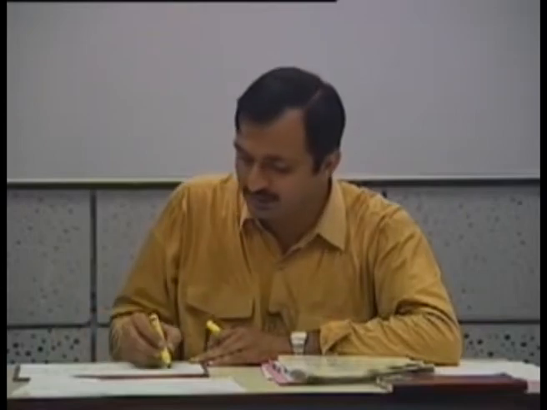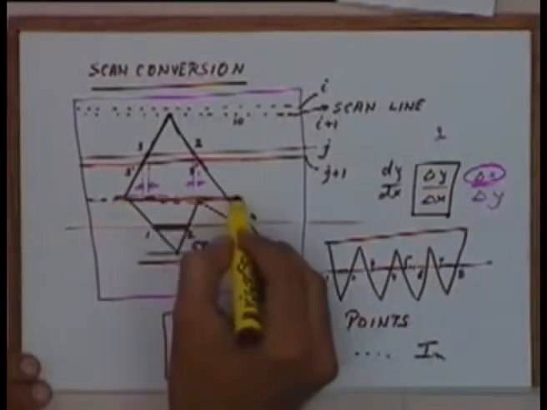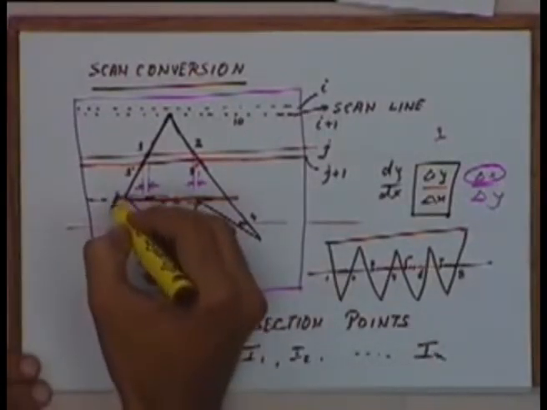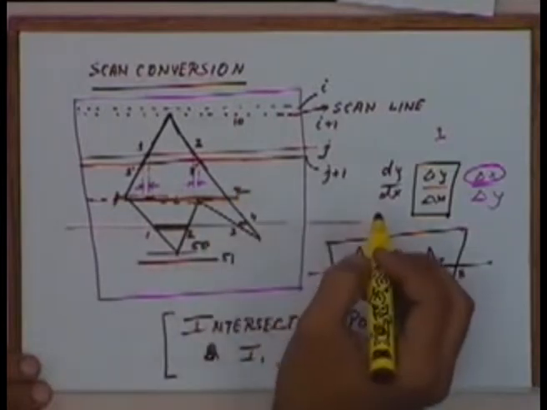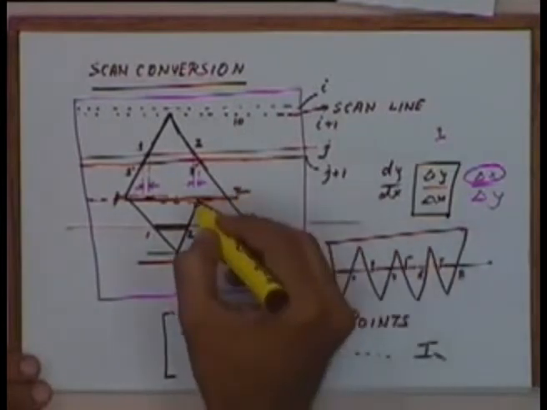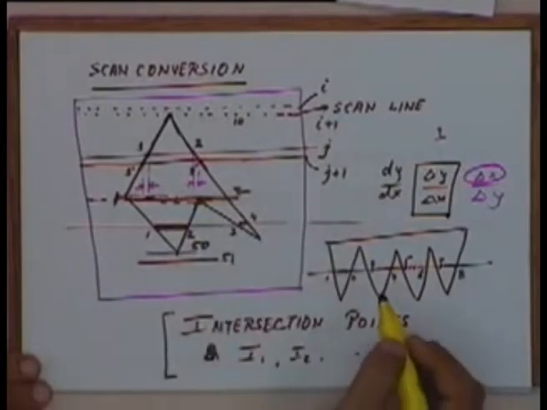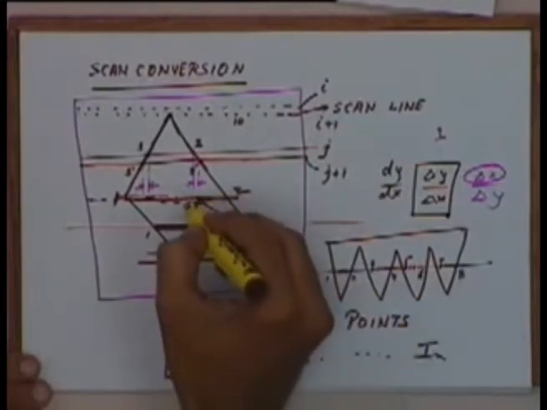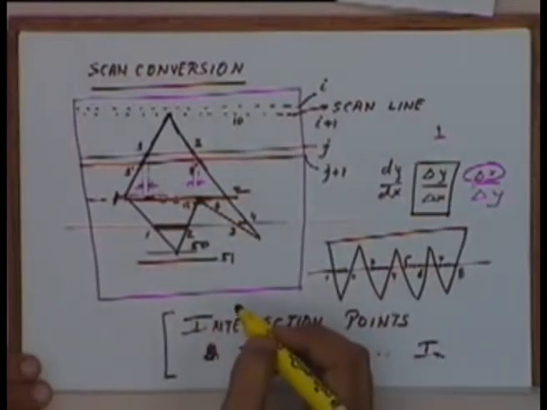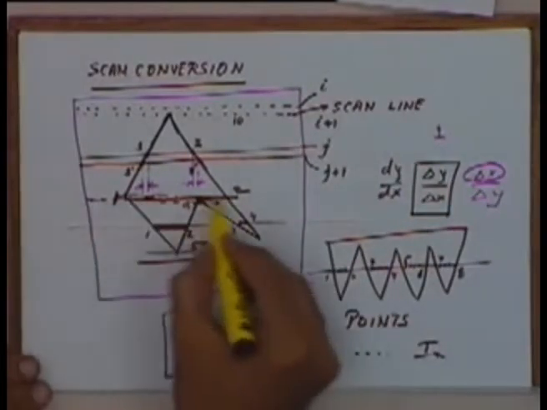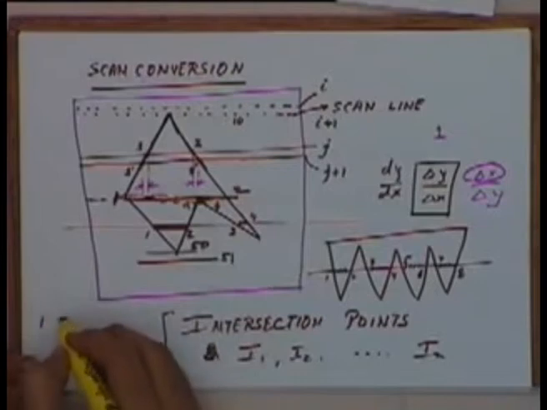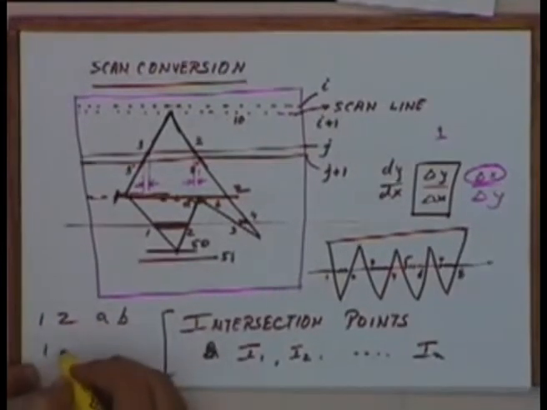At this scan line, we had an intersection here 1, intersection here 2. Now 2 edges are being added at this point. Let us say these edges are A and B. The set of intersections should not be 1, 2, A and B, it should be 1, A, B and 2.